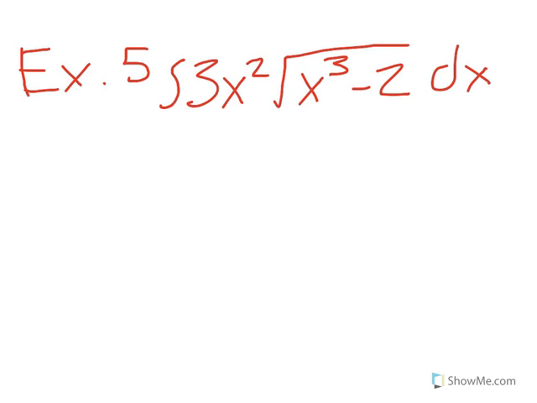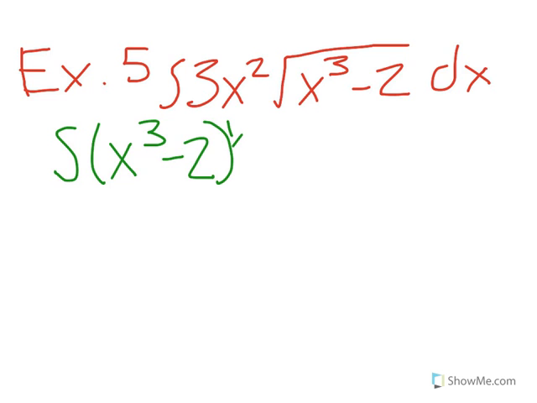Alright, example 5 is the integral of 3x squared times the square root of x cubed minus 2. Meaning that first of all we would have to start off by rewriting the function, which would come out to be the integral of x cubed minus 2 to the 1/2 times 3x squared dx.